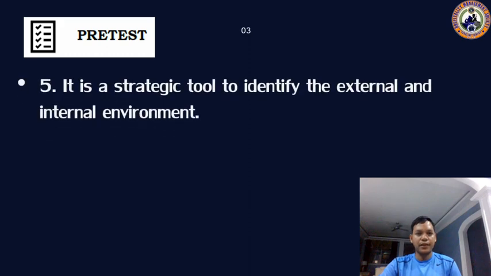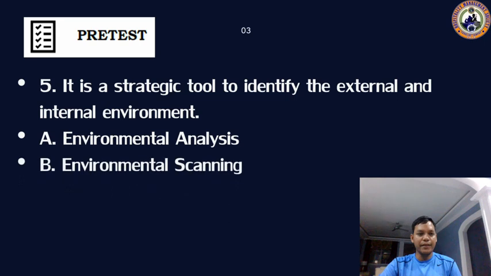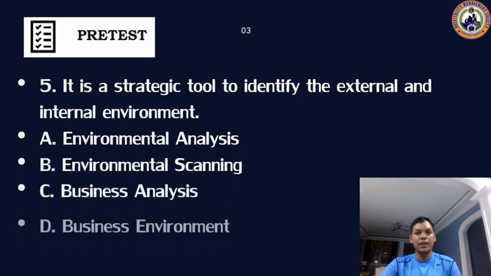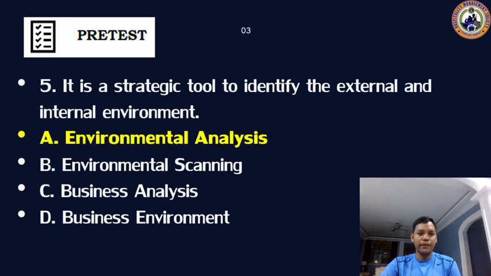It is a strategic tool to identify the external and internal environment. A. Environmental analysis. B. Environmental scanning. C. Business analysis. Or letter D. Business environment. The answer for number 5 is letter A, environmental analysis.